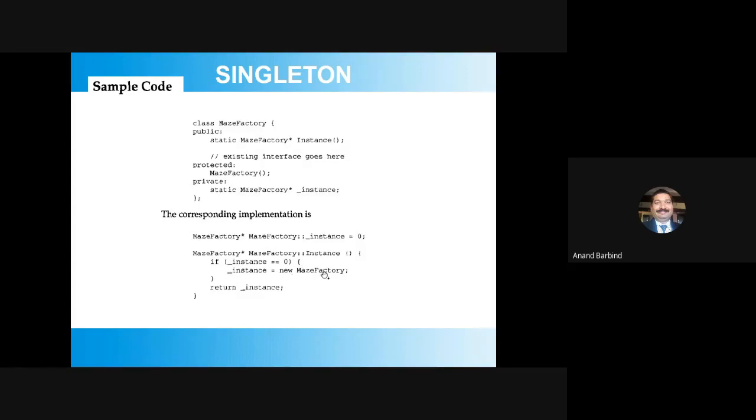Of course, here the name of the class is not Singleton; it is MazeFactory. Then it returns the reference contained by the static private attribute instance.